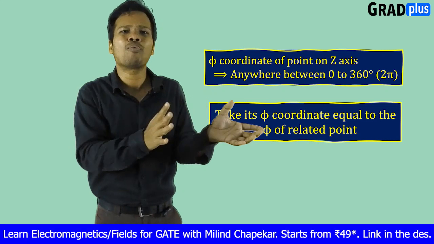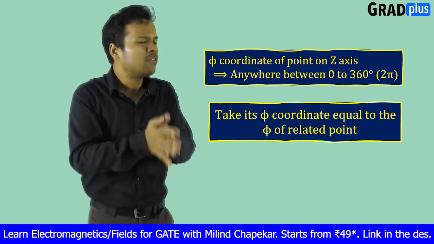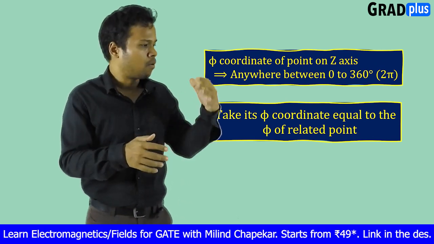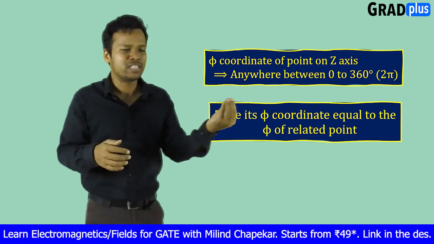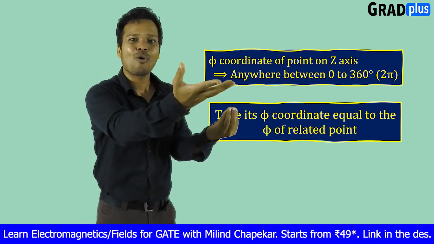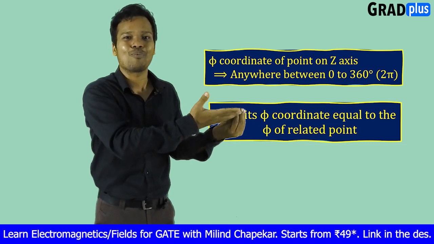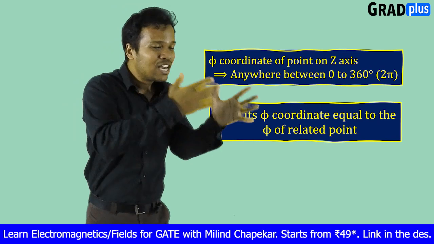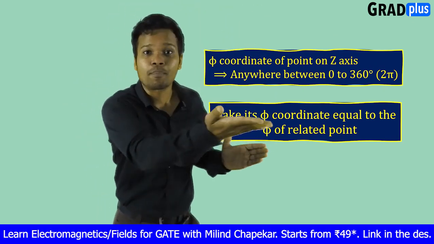Now related to this point means what? For example, if you are writing the distance formula, if you are finding the distance between this point present on the z-axis and the other point, then that other point is related to this point. So the phi coordinate should be written equal to the phi coordinate of that point.